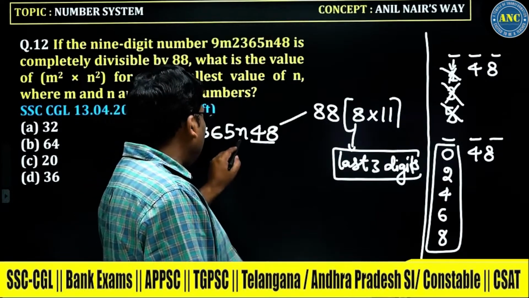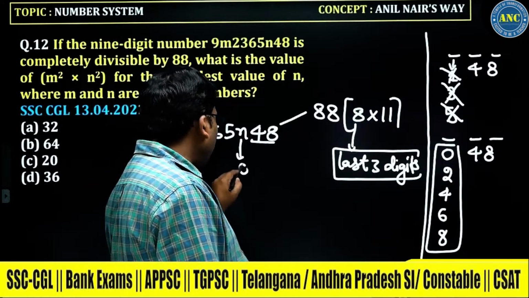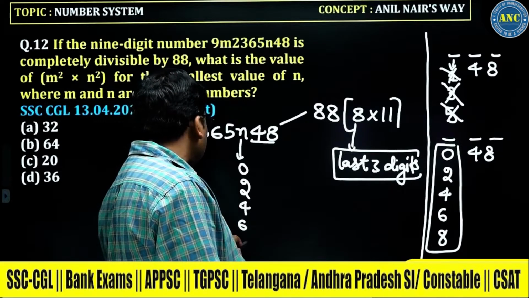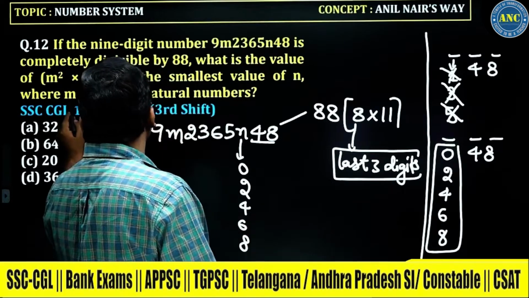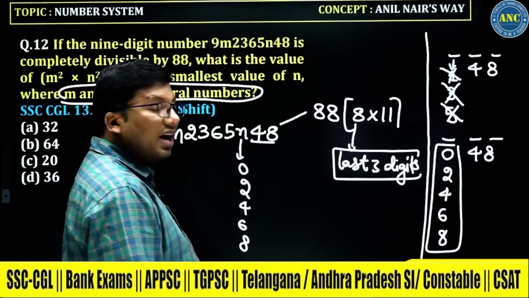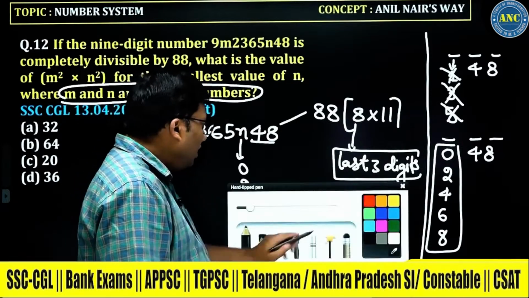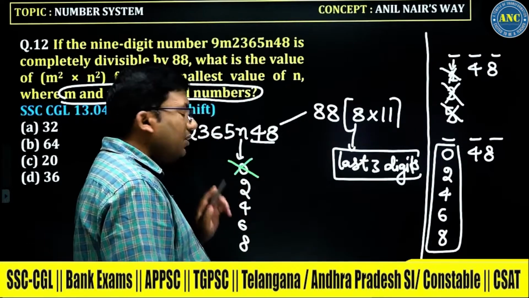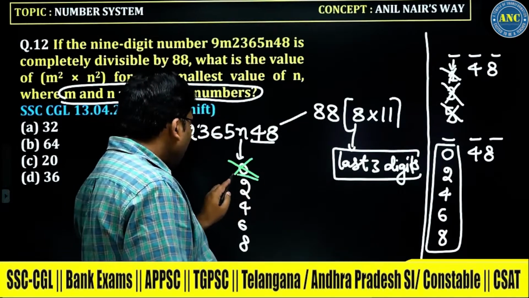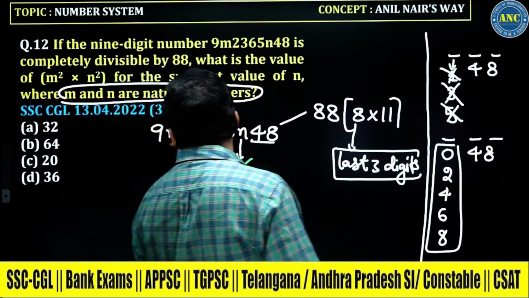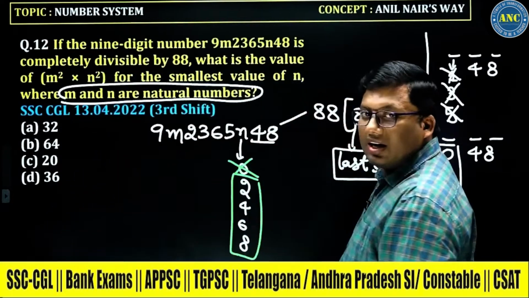That means this n value can be 0, 2, 4, 6, or 8. It is clearly mentioned that m and n are natural numbers. Because m and n are natural numbers, n cannot be 0. N has to be either 2, 4, 6, or 8.